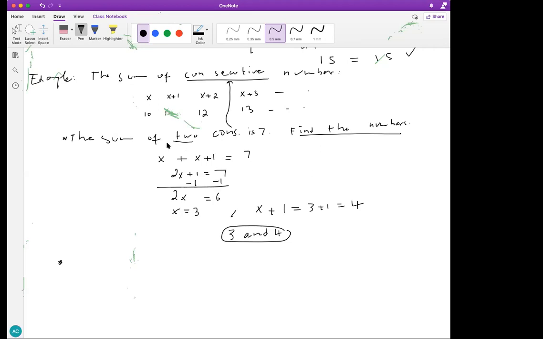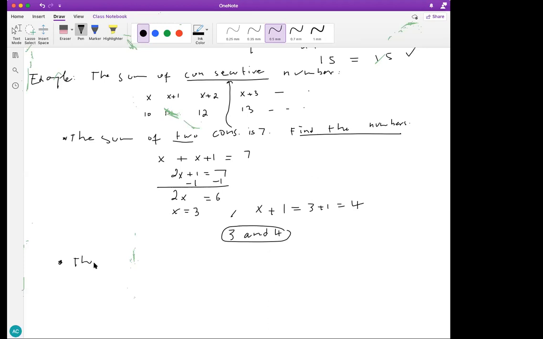Let's see now how to find the consecutive numbers when we have the sum of 3 of them. Let's say we don't know the 3 numbers, but we know their sum. For example, let the sum be 36.